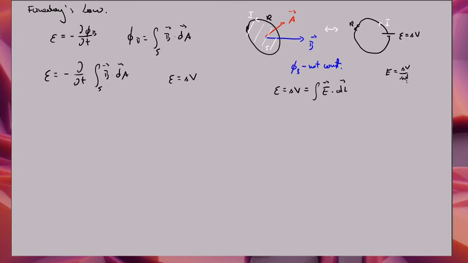The proper expression has a negative sign, and then it's the gradient of V. These are kind of the same expressions in a way, and from here you could end up with this.